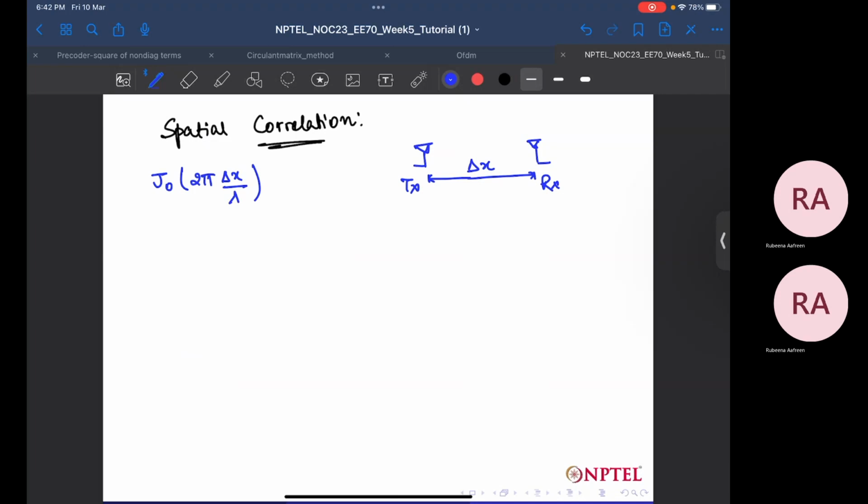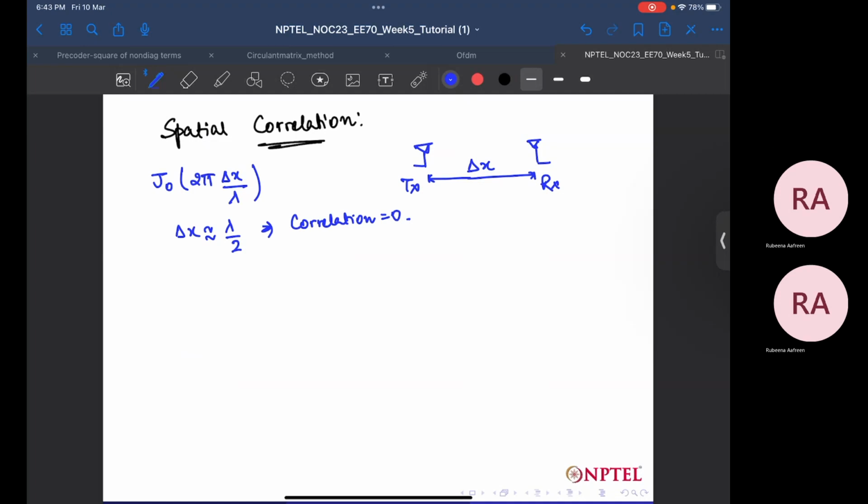So when delta x is approximately lambda by 2, then correlation is 0. What this essentially means is that we can separate the antennas with a distance larger than lambda by 2, and then the signals that we will receive will be uncorrelated, right?